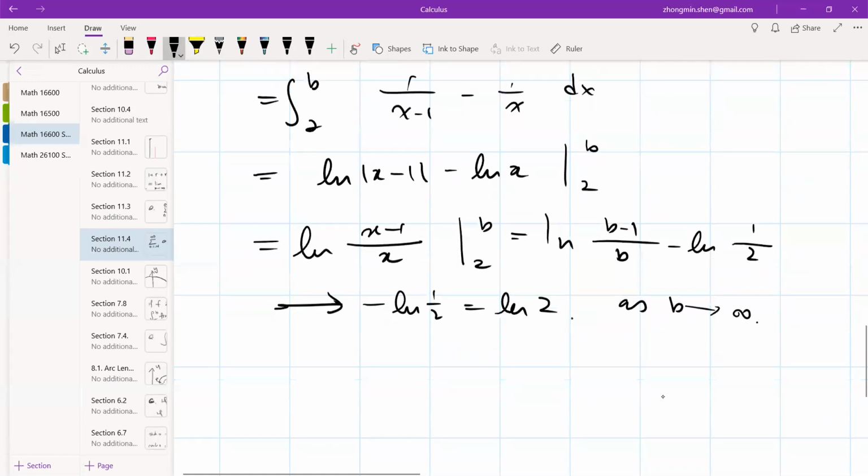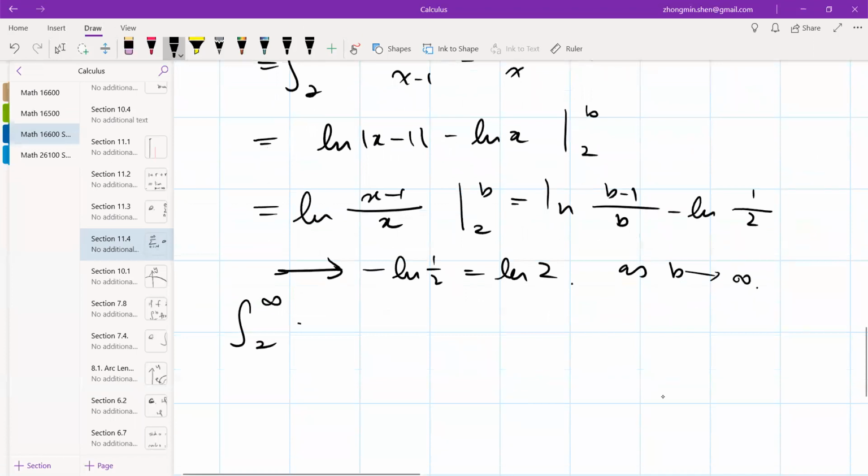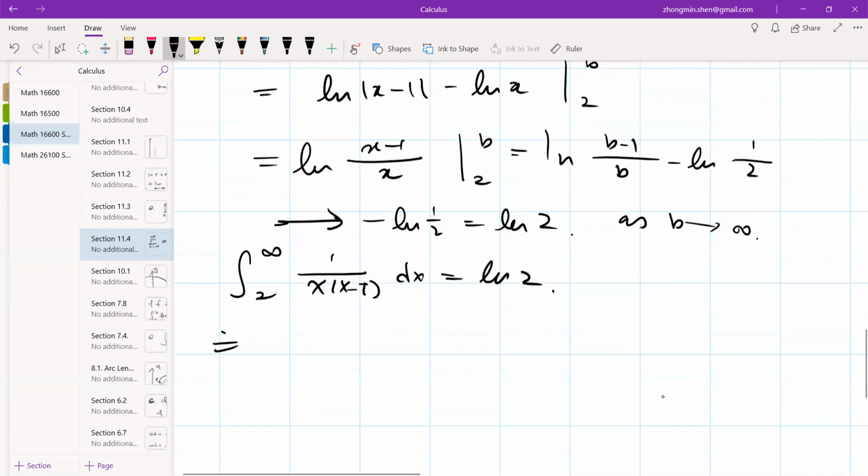So in other words, the integral of this function is going to be natural log of 2. So this implies the series is convergent.